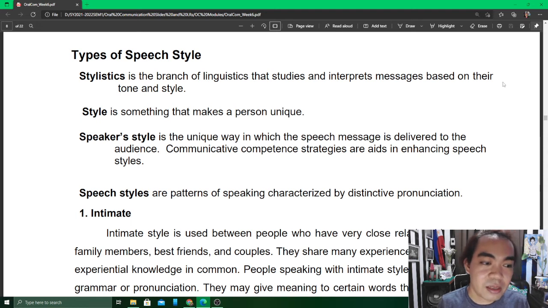Stylistics here is defined as a branch of linguistics that studies and interprets messages based on their tone and style. Style is the unique way in which the speech message is delivered to the audience.